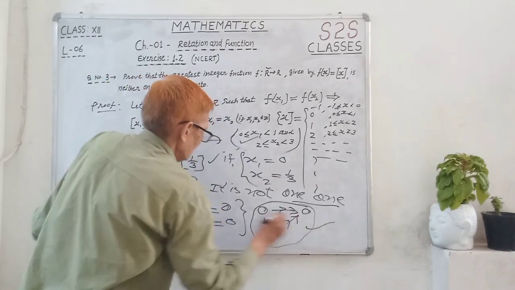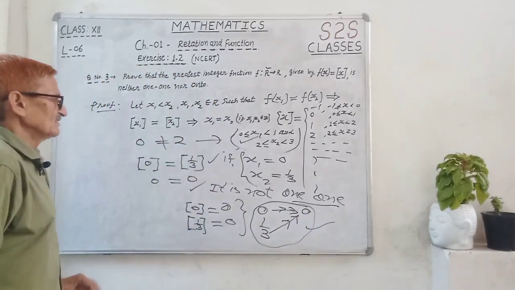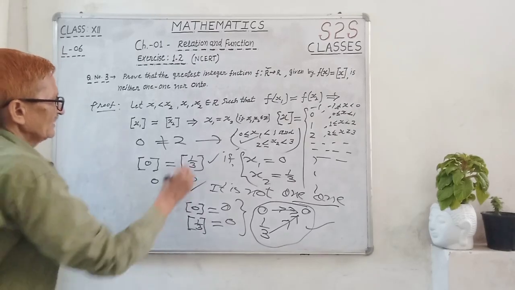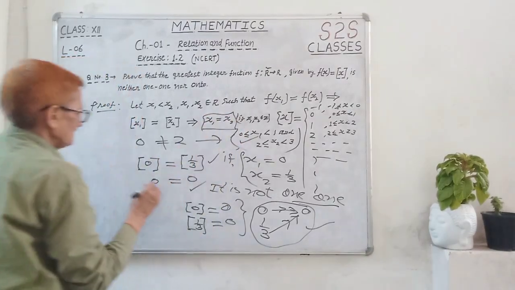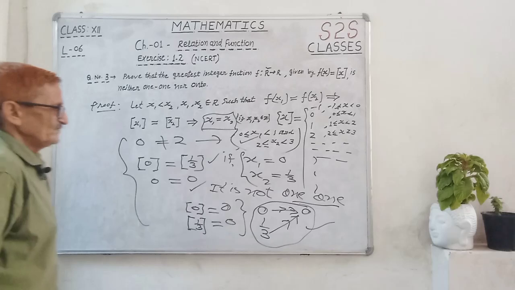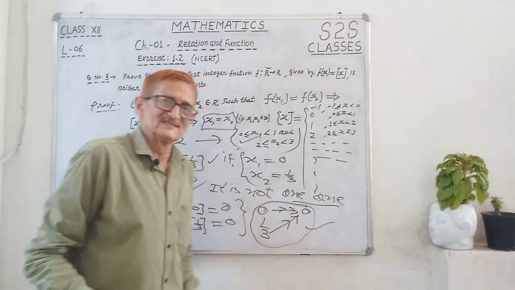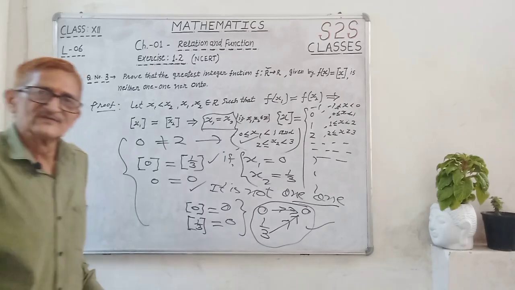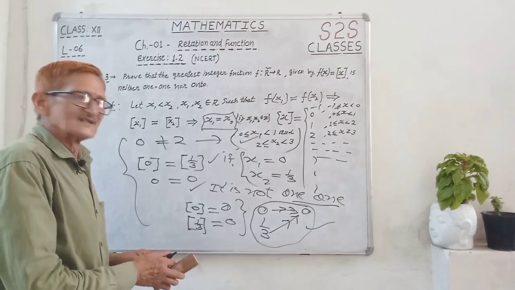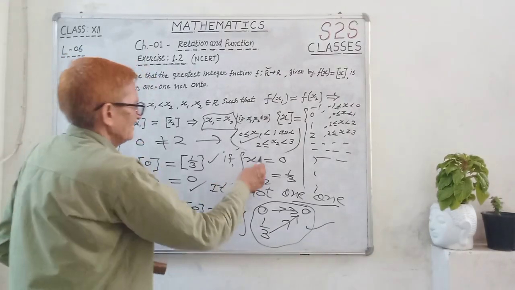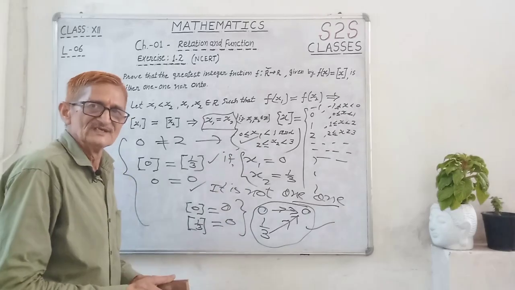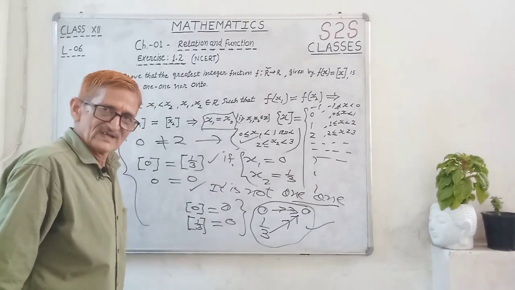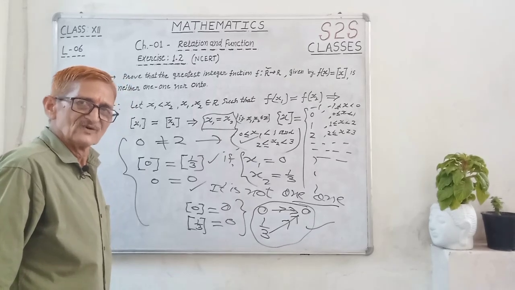Give an example like this for the false case. This is a general case, but with examples we can show that it is not 1/1. We can take any x1 and x2 between any two integers.